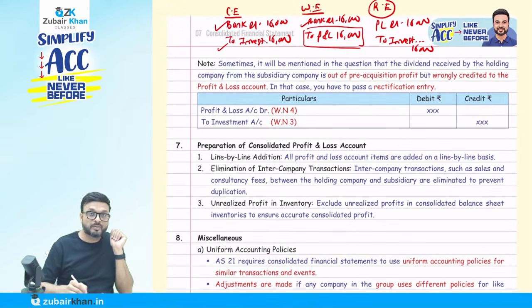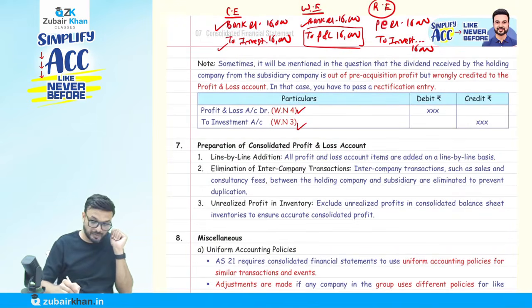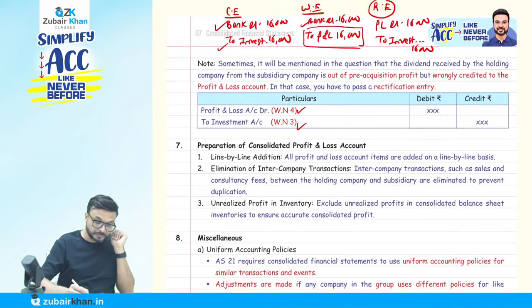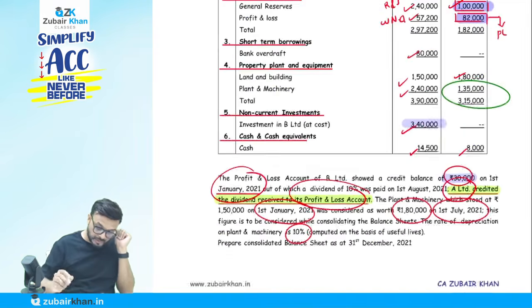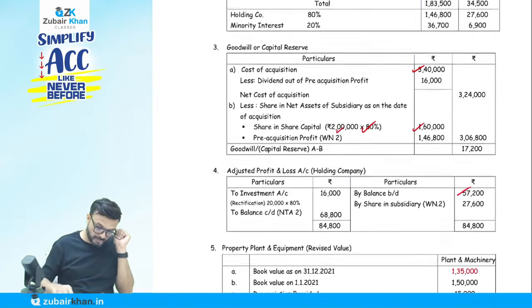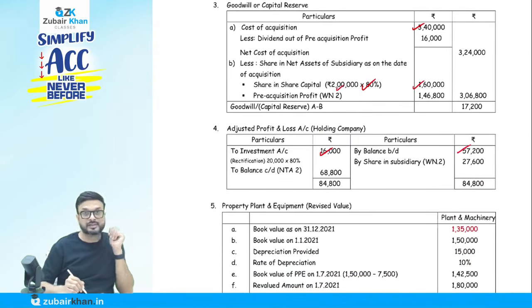Working note number 4 will be debited here and the investment account will be credited. You can see P&L account debit, investment account credit. The P&L account of the holding company is working note number 4. If it is the P&L account of the subsidiary company, then that is working note number 2. So in working note number 4, it is debited by 16,000, and the investment account should be credited.